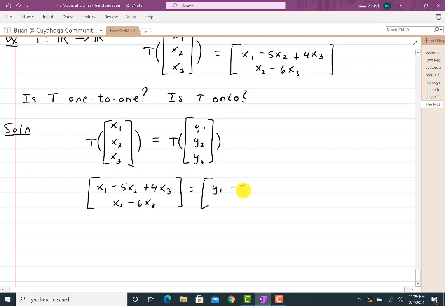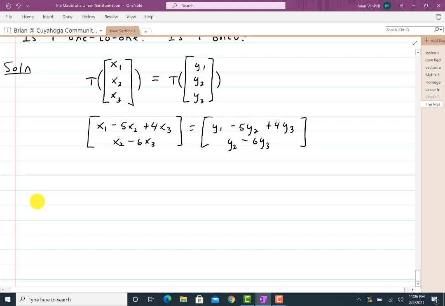On the right, y1 minus 5y2 plus 4y3, and then y2 minus 6y3. Now, unfortunately here, I can't really compare whether I want to determine if x1 equals y1, x2 equals y2, x3 equals y3, and it's almost impossible for me to tell. Instead, let's do something a little bit different.